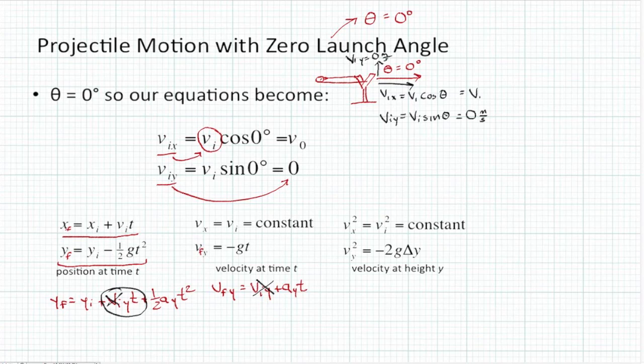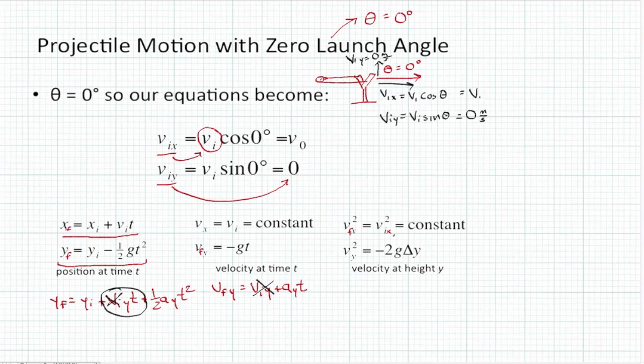Okay, and finally, let's look at our third familiar equation. Once again, the final velocity in the x direction squared equals the initial velocity in the x direction squared, which means the x velocity is always going to be constant.